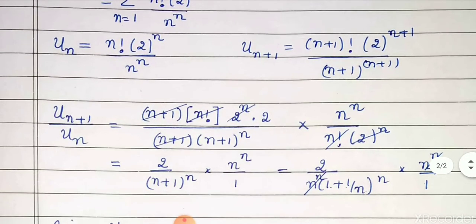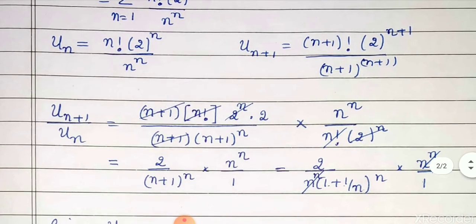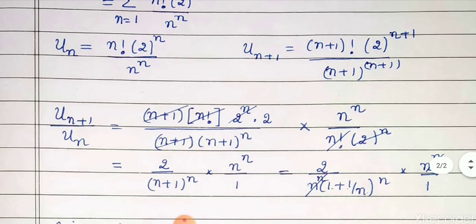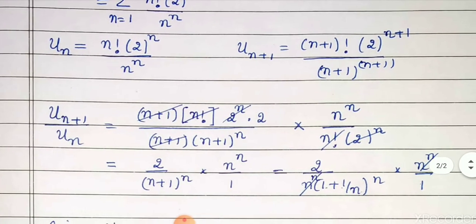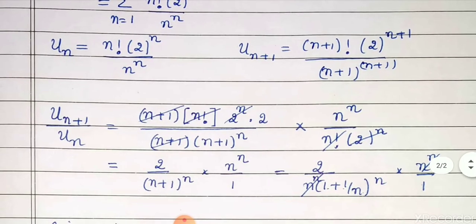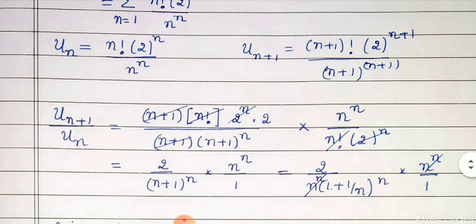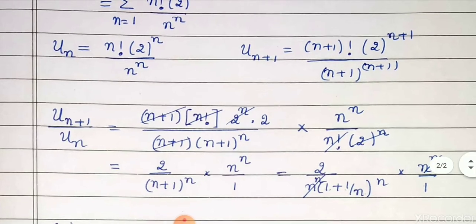Now the same thing, un plus 1 is n plus 1 factorial. N plus 1 factorial can be written as n plus 1 into n factorial. That's the simplification I have shown here. 2 raised to n plus 1 is written as 2 raised to n into 2. Then the denominator is n plus 1 raised to n plus 1. It is written as n plus 1 into n plus 1 raised to n.